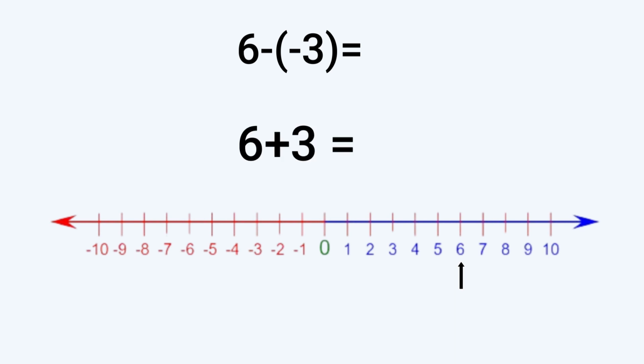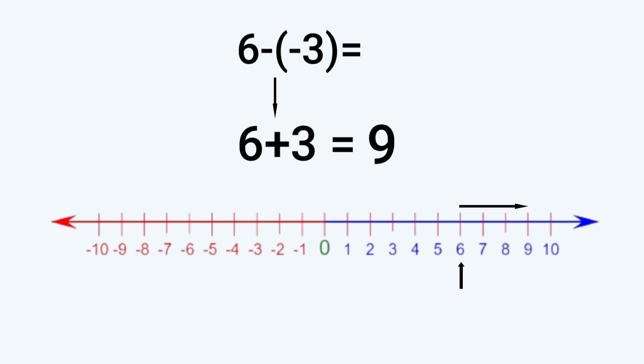That becomes 6 plus 3. We must know this: two negatives make a positive. Subtracting a negative is the same as adding. So 6 minus negative 3 equals 6 plus 3. On the number line, we count 3 forward, 1, 2, and 3, and that gives us 9.